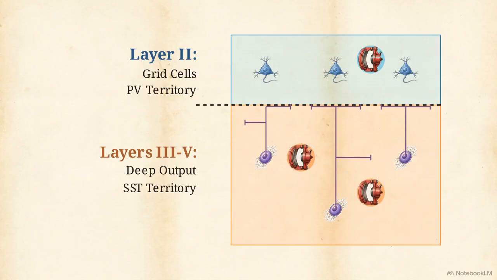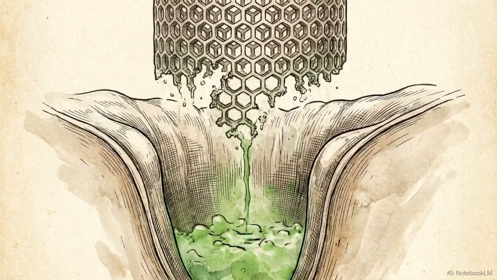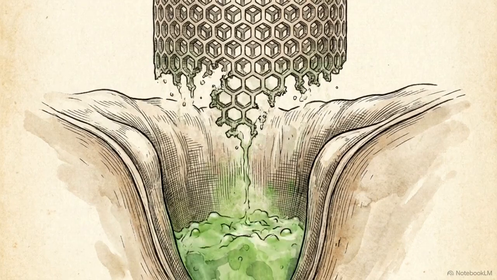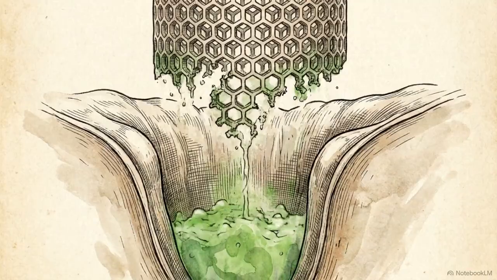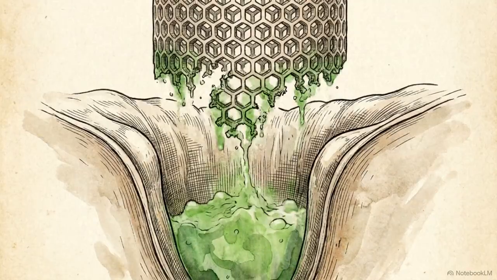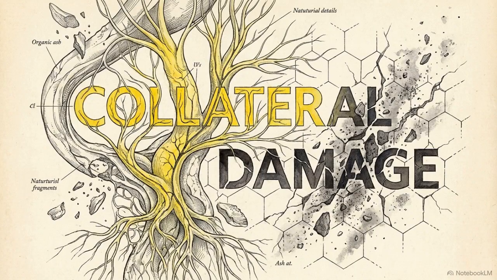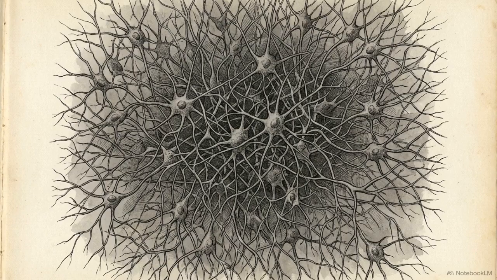Somatostatin axons don't reach layer 2. They are strictly confined to regulating the deep output pathways of layers 3, 4, and 5. The grid cells fail later because the loss of the deep layer governor creates a chronically toxic, hyperexcitable environment that eventually kills the surrounding tissue. It is a secondary consequence, not a primary computational failure.